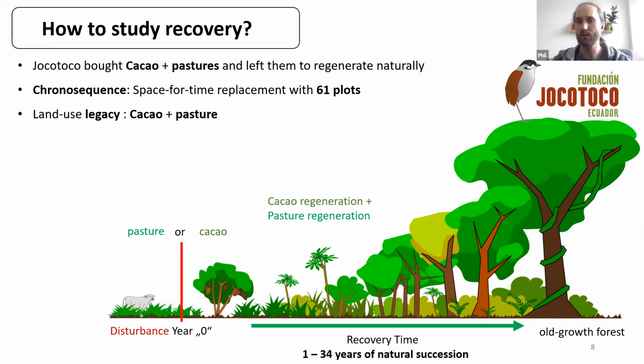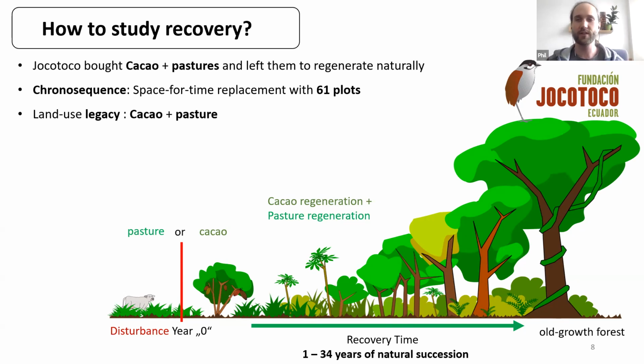Luckily, Choco already a long time ago thought really in the long term, and their conservation method works not only by buying already existing forest fragments, but also by buying off small-scale farms in the vicinity of these areas and just letting them recover naturally.